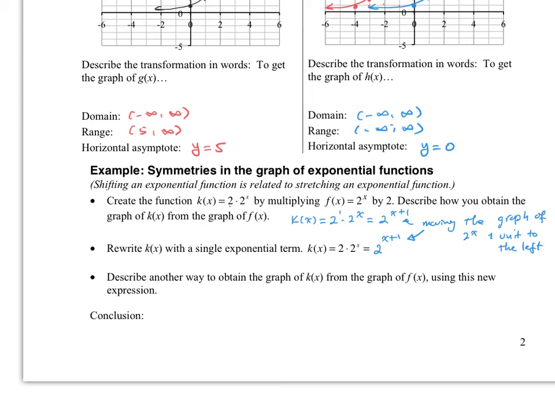I already explained that here. So the conclusion is that for exponential functions, shifting is the same as stretching, which is not the case for other functions.